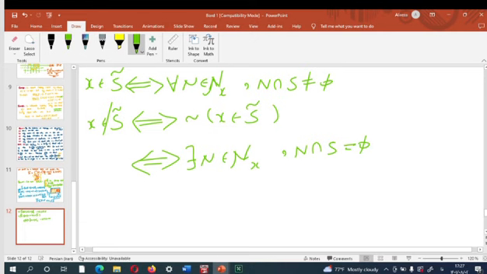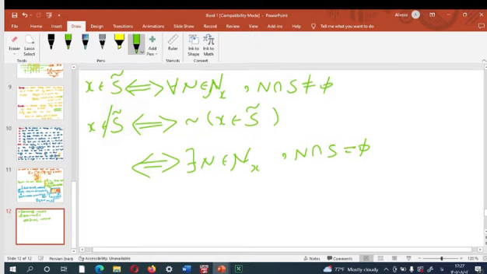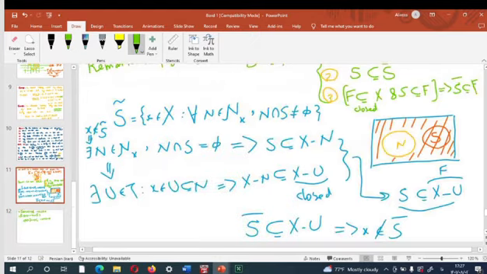So by this property, if x does not belong to S tilde, there exists one N by this property, so we have this and this, so x does not belong to S bar.